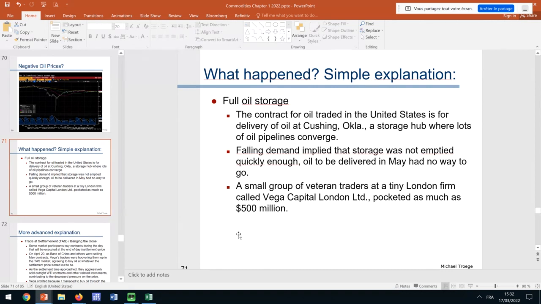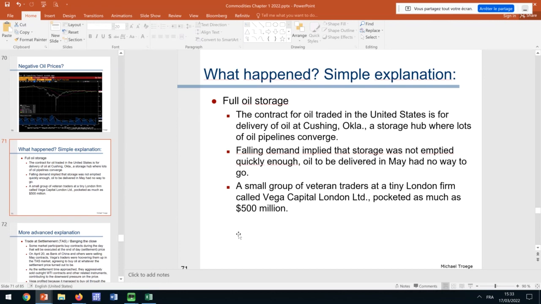remember that if you take your contract to delivery, let's suppose you're a buyer, if you take the oil contract to delivery, you have to be able to take the oil. Now these big oil traders have storage facilities in Cushing.